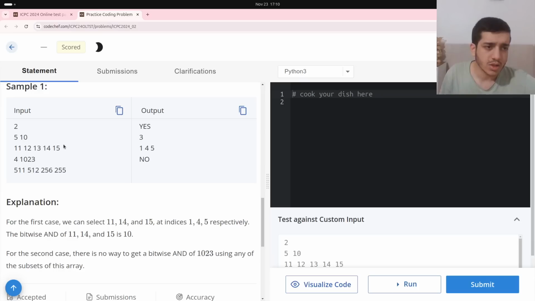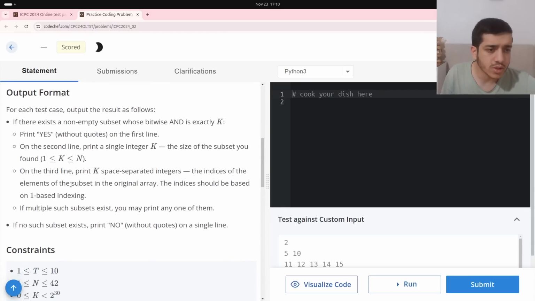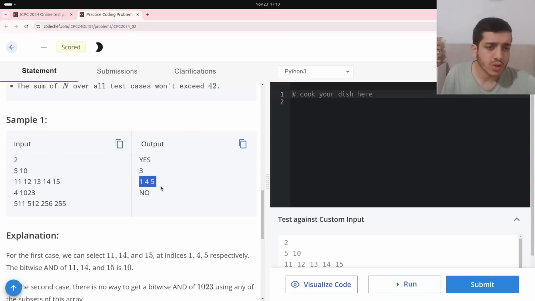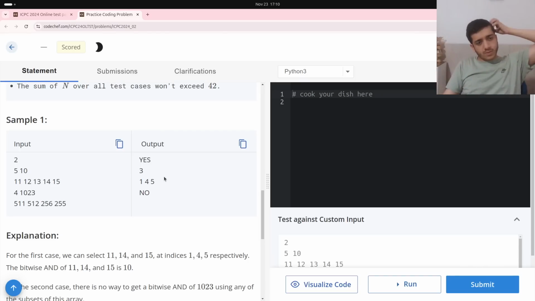So that's easy. For each number, if it doesn't have a bit that k has, for sure we can't choose it, because if we choose it in our subset, it will miss that bit because they will be ANDed together at the end, right?